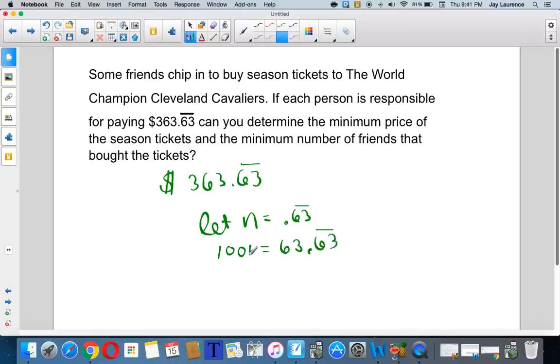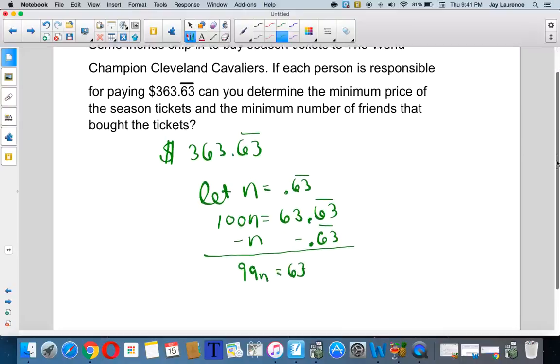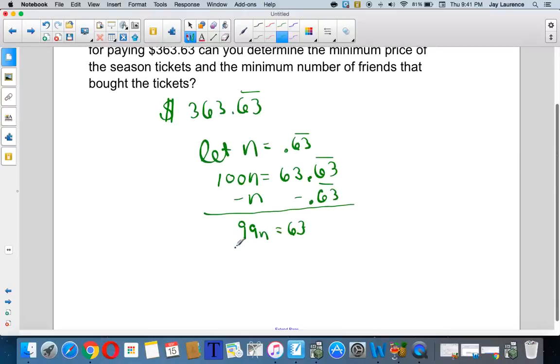Then I'm going to subtract n, which is 63 hundredths repeating. I'm allowed to do that because they're equal to each other, right? And so when I do that, I get 99n equals 63. And of course, I'm going to divide each side by 99, right? And so n is going to equal, if I simplify this fraction, 7/11ths.